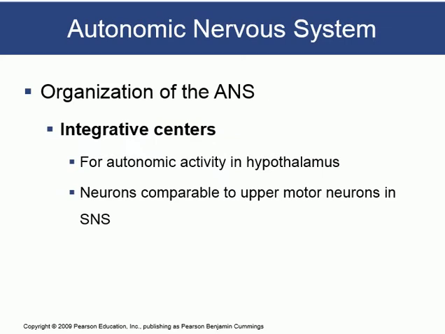So if we say that the integrative centers for the somatic nervous system was in the brain, okay, in the cerebral cortex and the cerebrum, the integrative center for the autonomic nervous system is in the hypothalamus. The integrative centers are located in the hypothalamus. And this is like the upper motor neuron in the somatic.